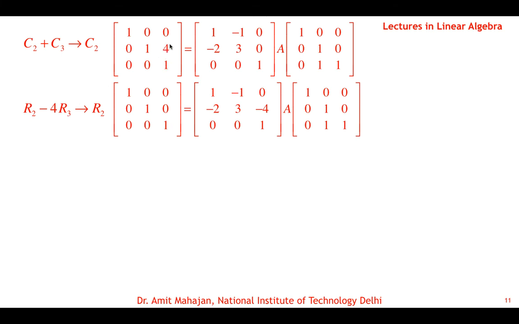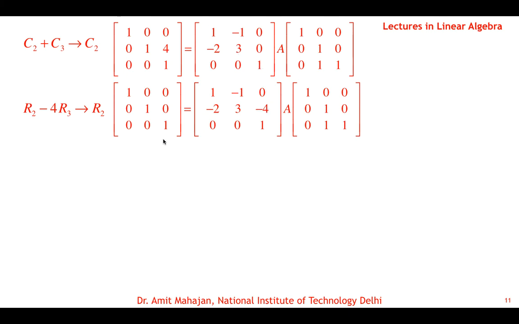You could also have used C3 minus 4 times C2 impacting C3, and that would also produce the same identity matrix, but we are using a row operation, so the impact is on the pre-matrix. If you use a column operation here, the impact is on the post matrix. So second row minus 4 times third row, so this becomes minus 4.